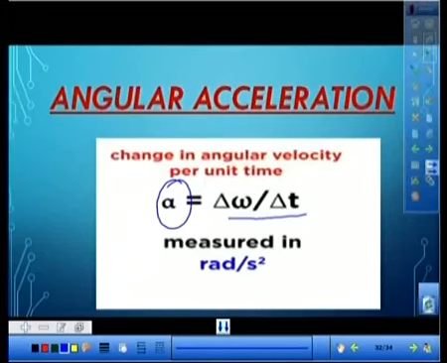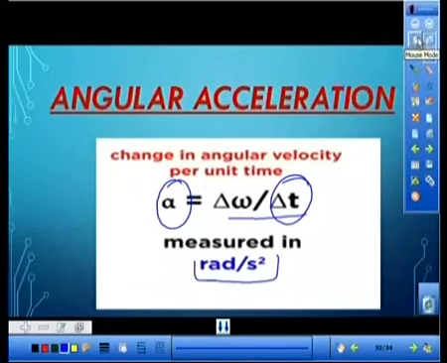Alpha is angular acceleration and units are radians per second squared, because the units of angular velocity is radians per second and just another time is involved.